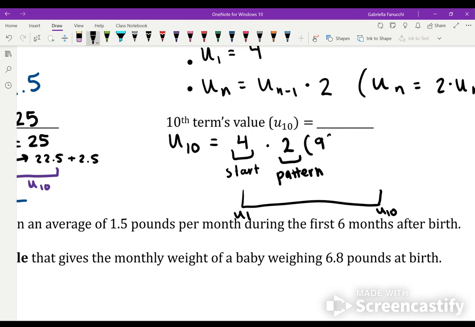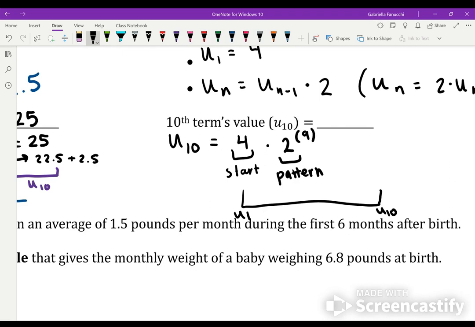So is it 4 times 2 times 9? Or is it times 2 times 2? I'm multiplying by 2. Repeated multiplication should be written as an exponent. So the 9 is actually going to be up there.